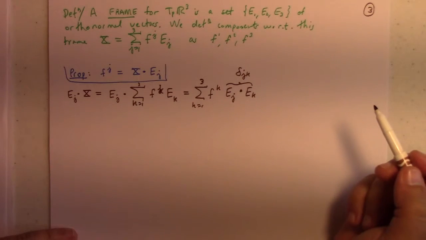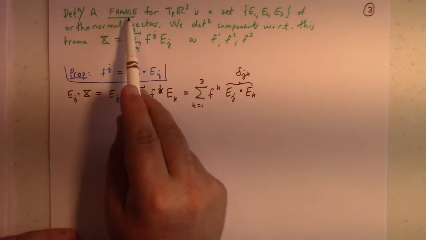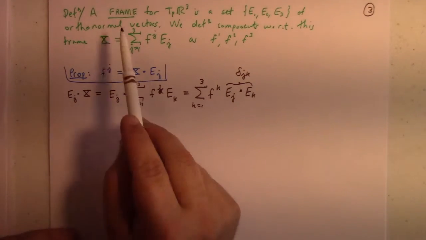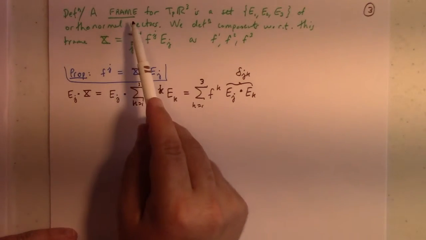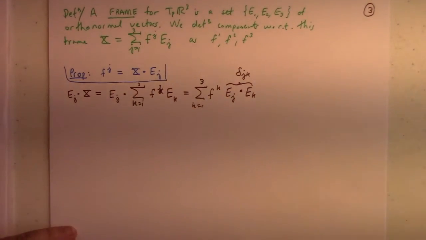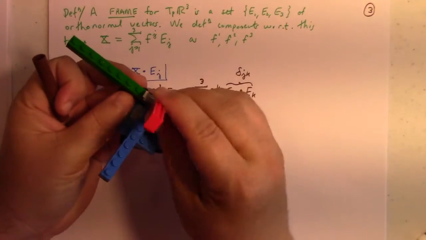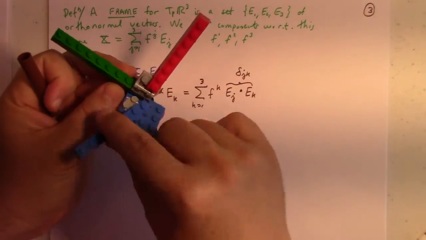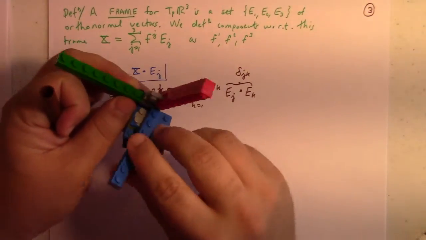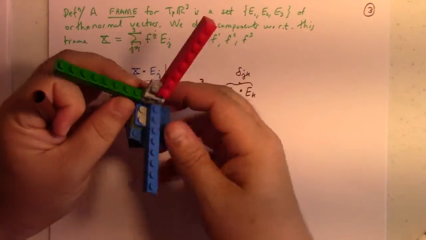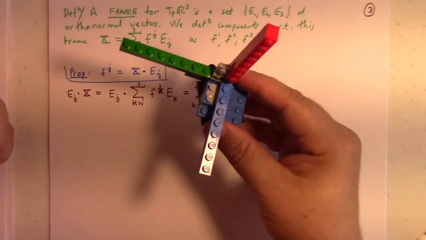We use the term frame. Honestly, in a larger context, for me, a frame is really just an attachment of any basis, an arbitrary basis. Getting back to my Legos for a second, everything I'm showing you right now is a frame, unless I was so unfortunate as to get all three of these Lego directions to be coplanar.